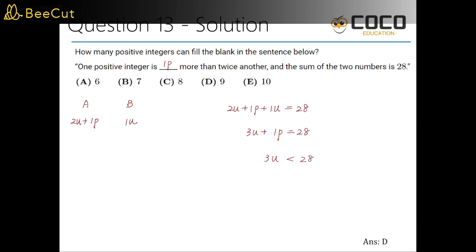So 3 times 9, 27, that will be the largest value. So 1U can be 1, 2, 3, 4, 5, 6, 7, 8, and 9. For all these values, 3U is less than 28. So there are 9 values for 1U, there will be 9 values for 1P. Answer is D.